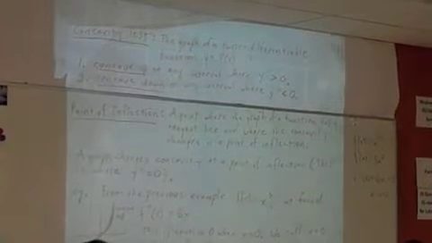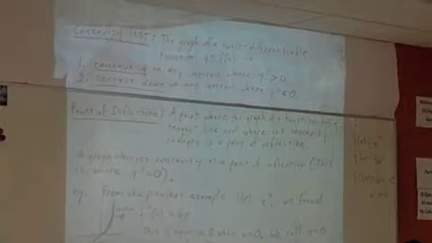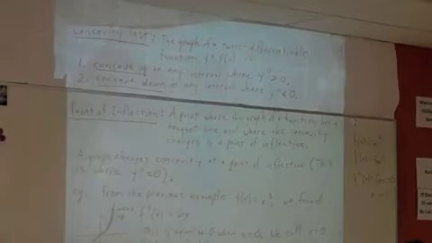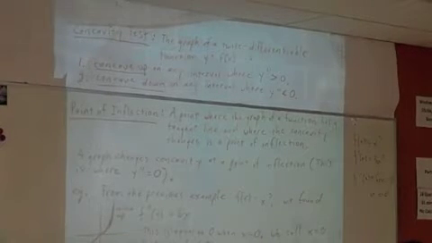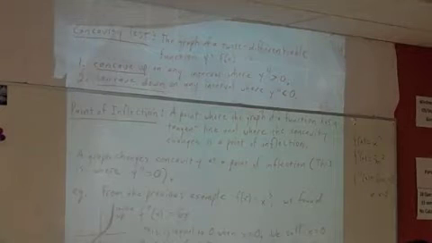Okay. And then this point of inflection, like I just said, is a point where the graph of the original function has to have a tangent line, and where the concavity changes is the point of inflection. So that's a weird little subtlety that will come up from time to time.